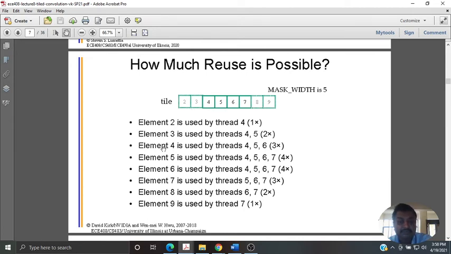Then similarly 4 is used thrice. You see something like a Gaussian curve, the usage of elements increases in the middle. Whenever you draw this, there is a central peak, where 5 and 6 are at the peak. So this is my Gaussian peak, and at both ends it decreases. So the utility of the elements being utilized is decreasing.